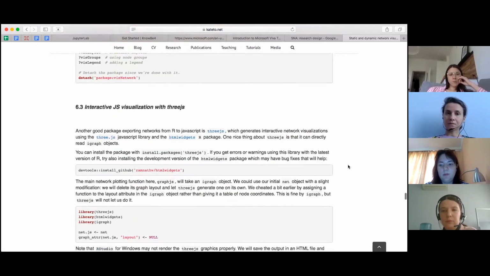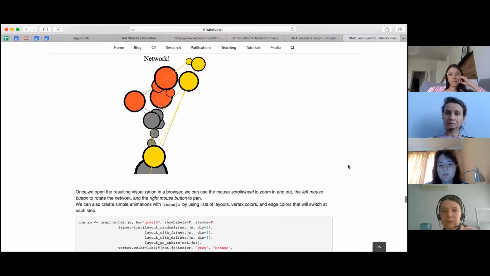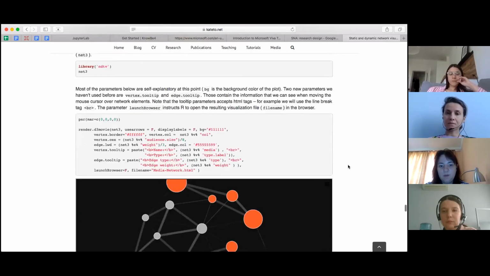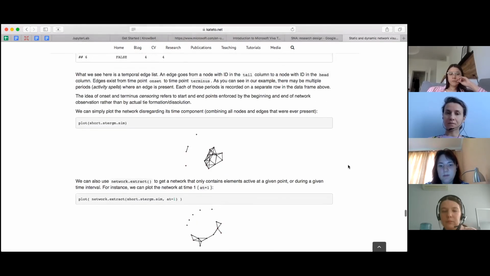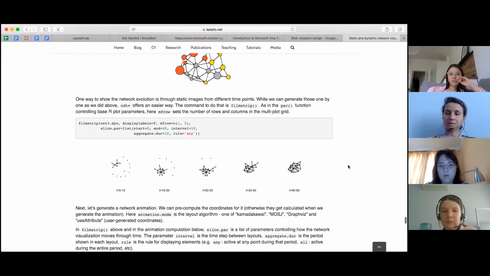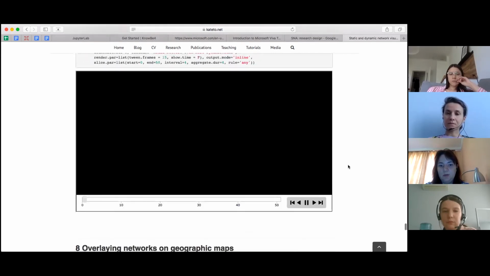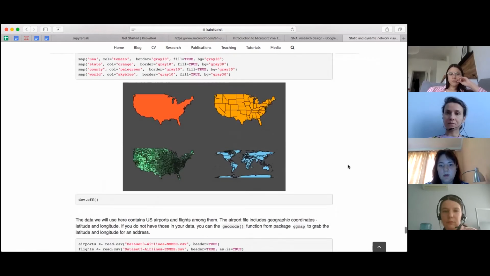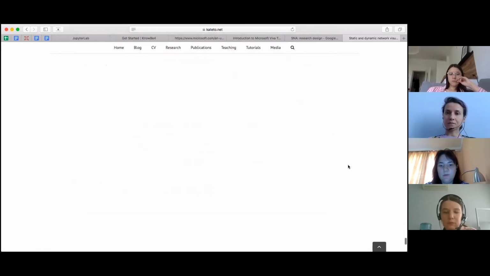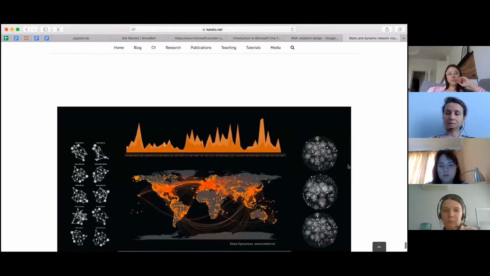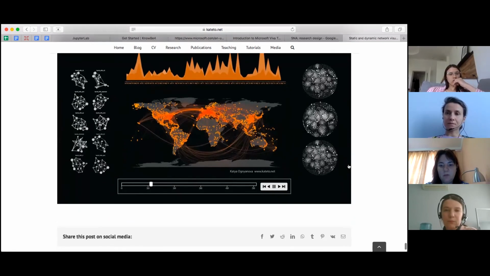Overall, visualizations are usually not quite big, and usually they're limited to 100 nodes, I think, because larger networks are very difficult to handle. Maybe this one is a big one.